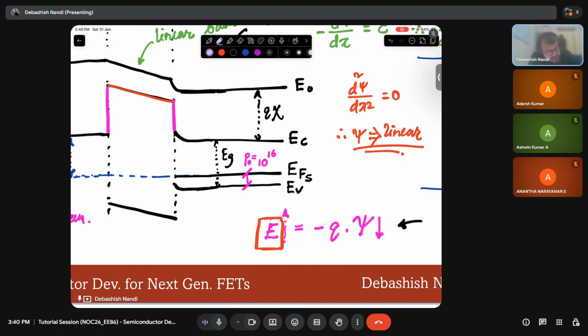What about in this case? What is happening here at the interface? At the interface, is my device more p-type or less p-type?